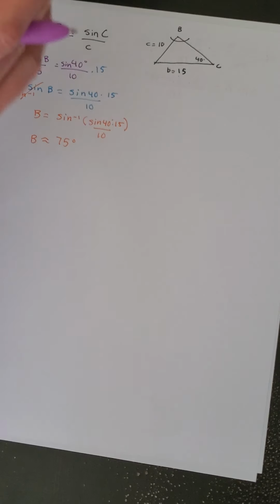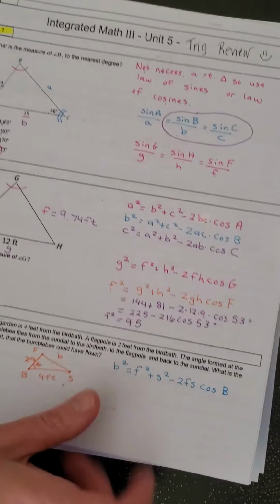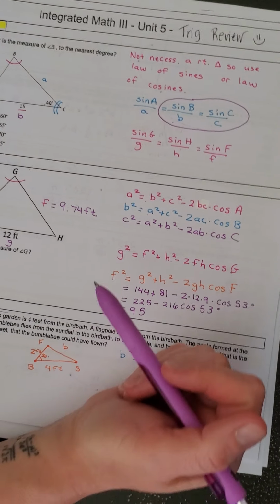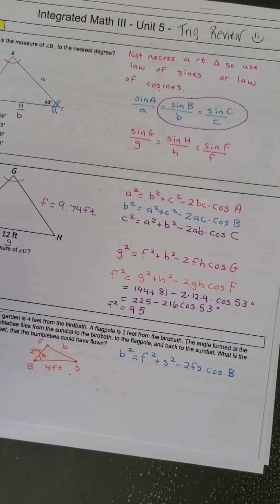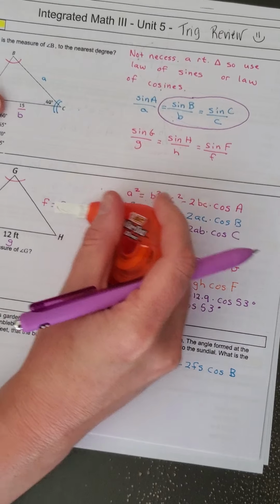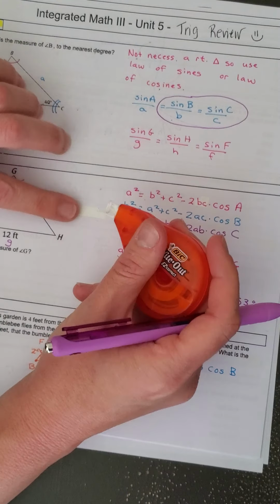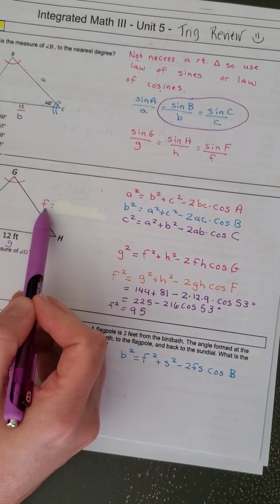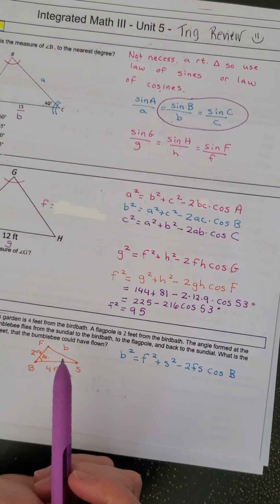All right, number two. Again, it's not necessarily a right triangle, so we have to use either law of sines or law of cosines. My default is law of sines, but to use it, I need to have an angle and the side across from it, and I don't.